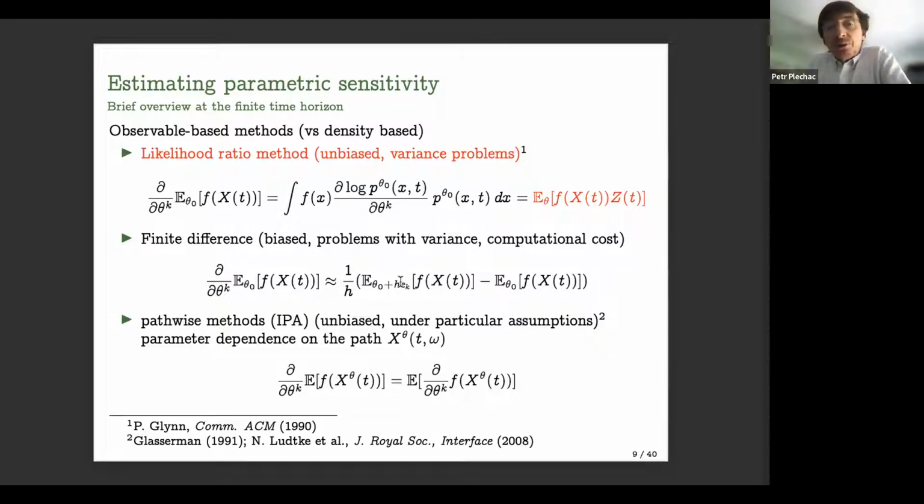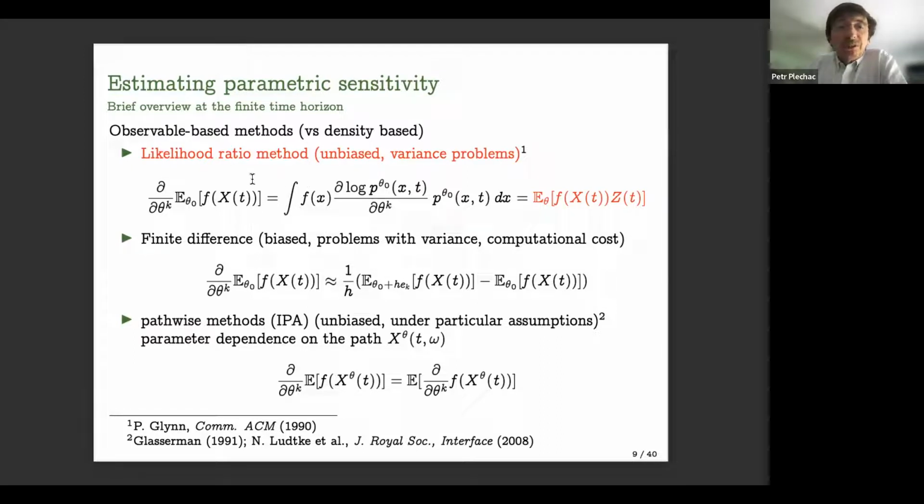Here, in our context, it's probably not a good method of choice because, as I said, estimating each of these perturbed and unperturbed expected values requires very long simulation. And the pathwise approach is also not really suitable in this case because it's difficult to apply it in cases where we don't have a reversible dynamics.